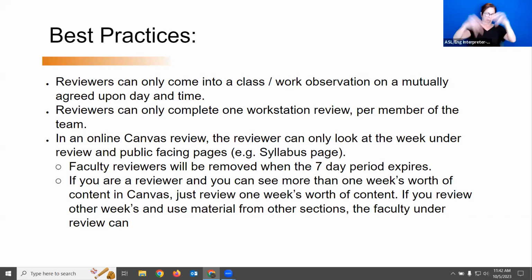Walter, go ahead. Well, I had my walkthrough this morning from two of my reviewers, and I'm not sure if they knew about this part. What I did was I pointed out, hey, by the way, check out this stuff in the announcements area. That's also public facing.